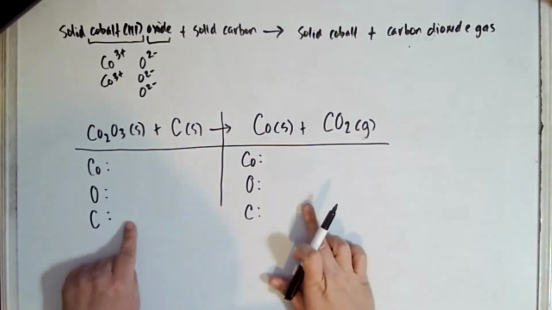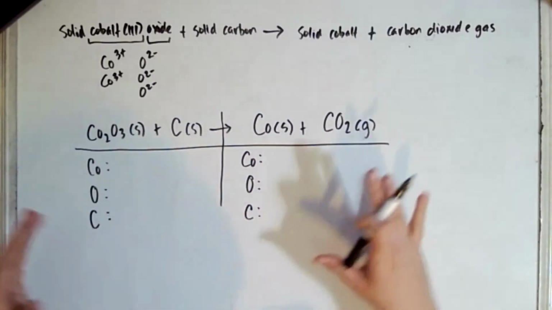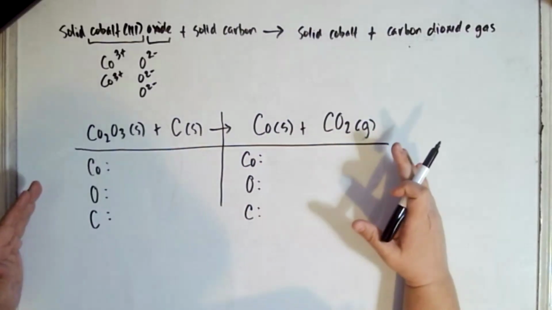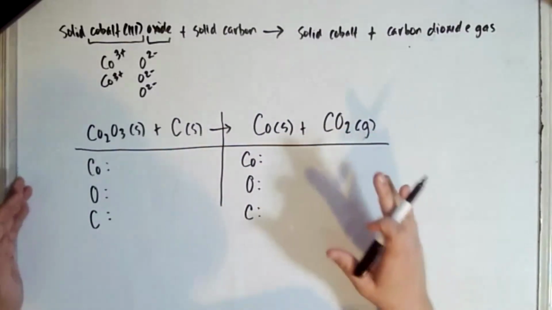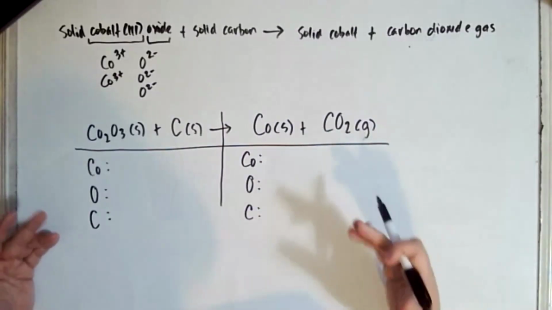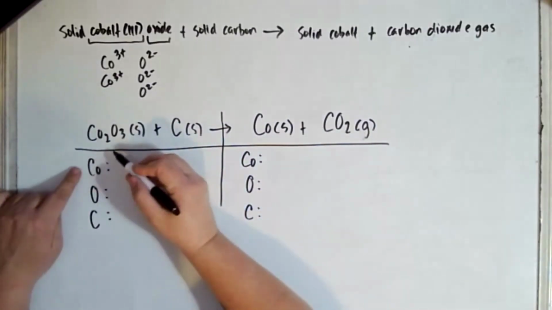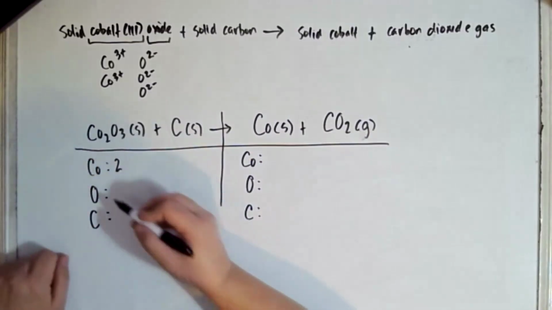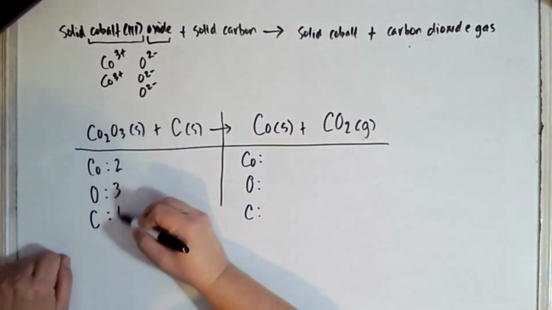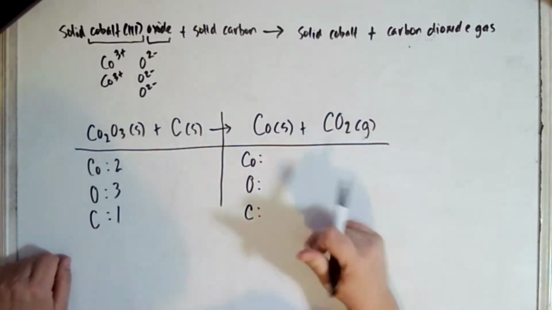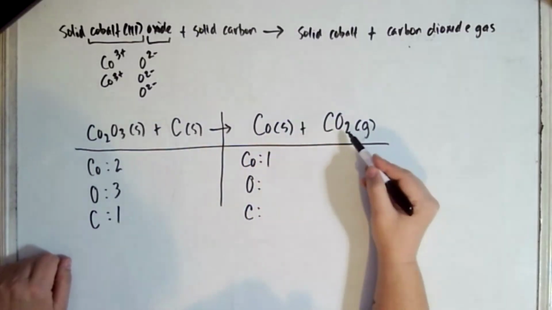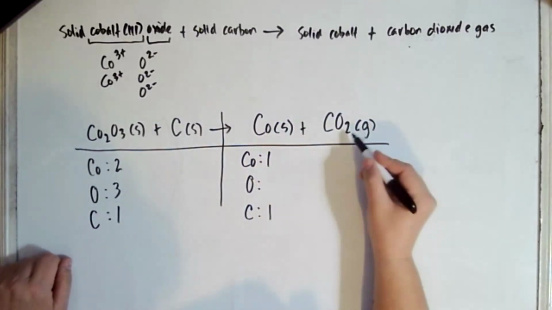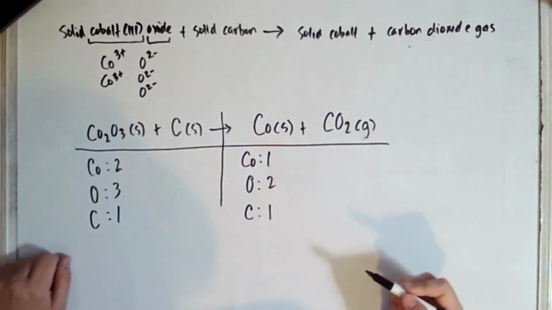And now I'm going to count the atoms that are currently in my reaction. I know that they're not balanced yet, but I'm going to count how many are on each side so I know what I have to do to balance them. So I've got 2 cobalts here. I've got 3 oxygens. I've got 1 carbon. Now on my product side, I have 1 cobalt. I have 1 carbon, and I have 2 oxygens.